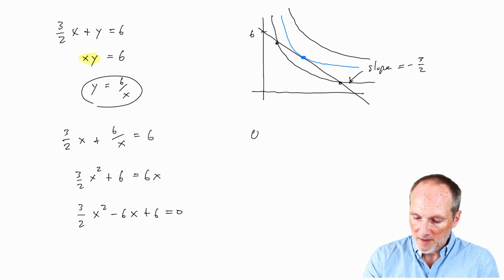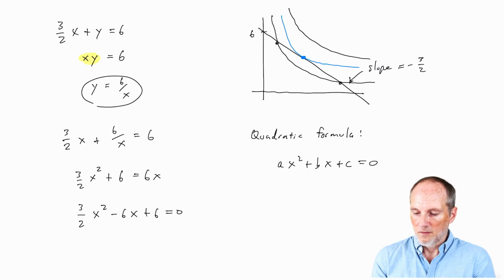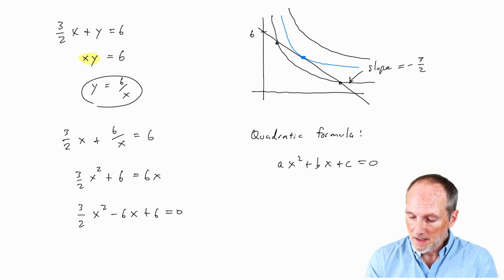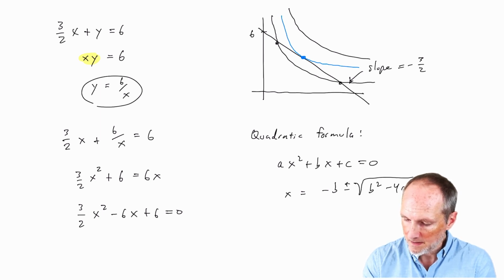Remember the quadratic formula. For a general quadratic equation in x with coefficients a, b, and c, the solution, if any, or solutions plural, is minus b plus or minus the square root of b squared minus 4ac, all over 2a.